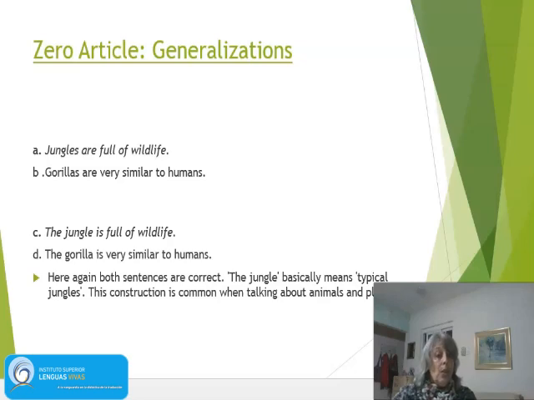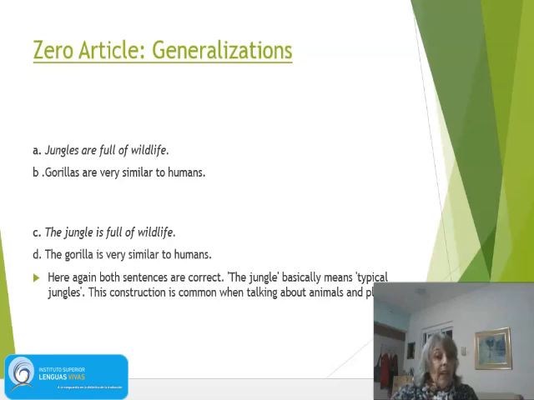And we use it when we speak about something in plural and in general. For example, jungles are full of wildlife. Gorillas are very similar to humans. They are generalizations, something that is typical.